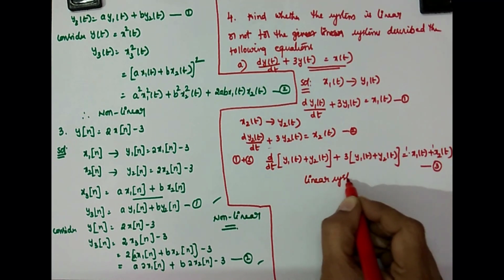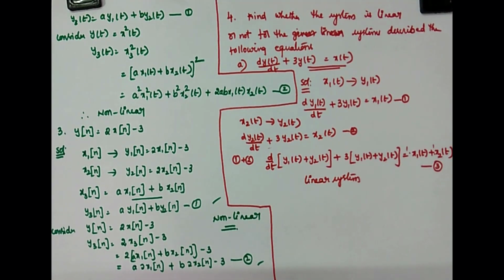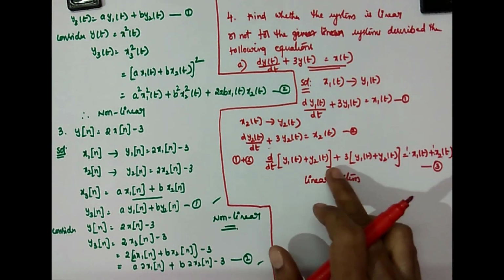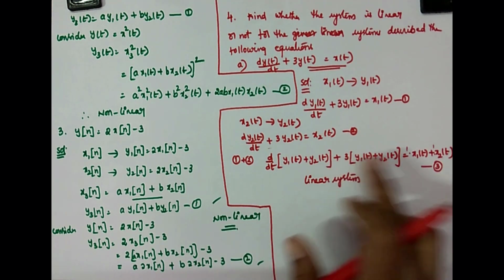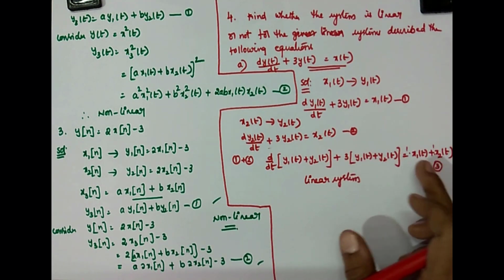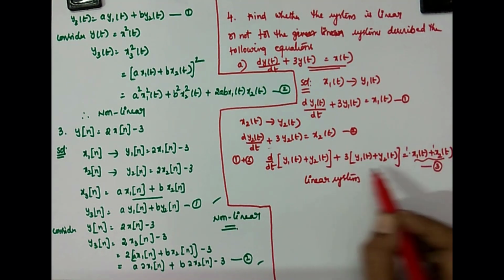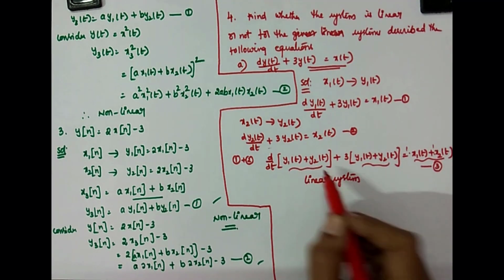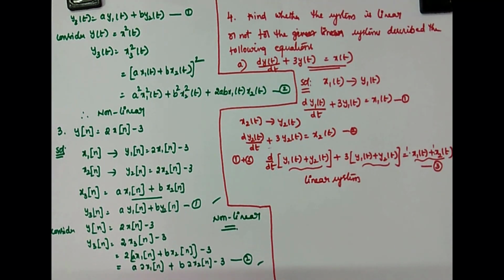Linear system. I think you understand. It's like the equation when the input is the sum of inputs. So see here the input is sum of inputs and the outputs are sum of outputs. Okay, so therefore the system is said to be linear system.